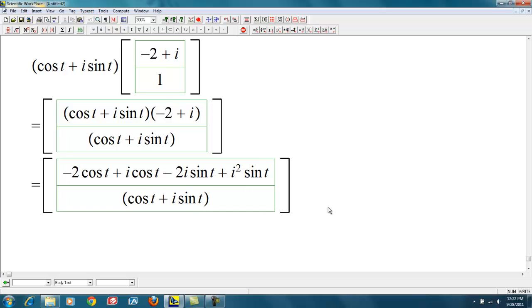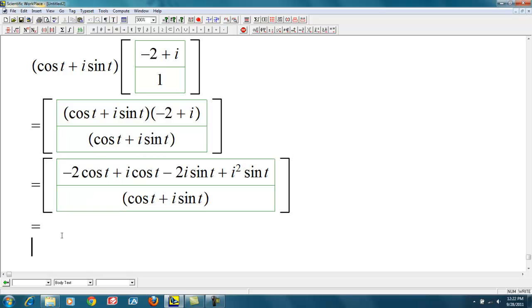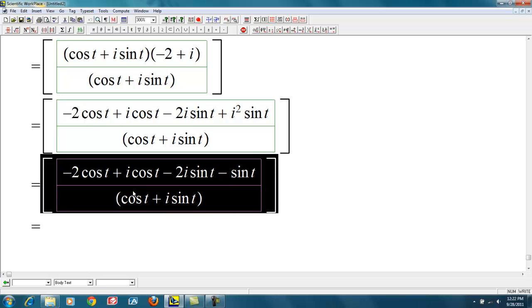Are we good? So this is I squared, so this becomes simply negative sine t, right? Is that good?